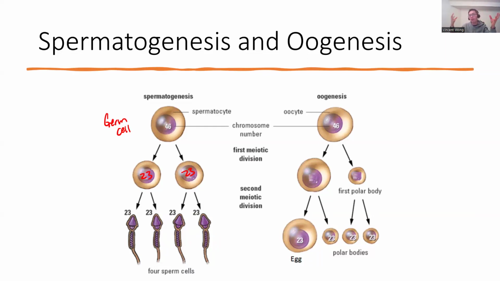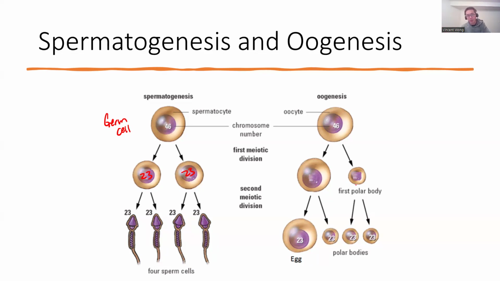The egg is very big compared to the sperm. And so when you create the egg, you don't have the luxury of dividing the cytoplasm 50-50. Instead of having 2 medium-sized eggs, what your body does is give most of the cytoplasm to one cell, and the other one just gets very little. So like a 90%, 10% split.